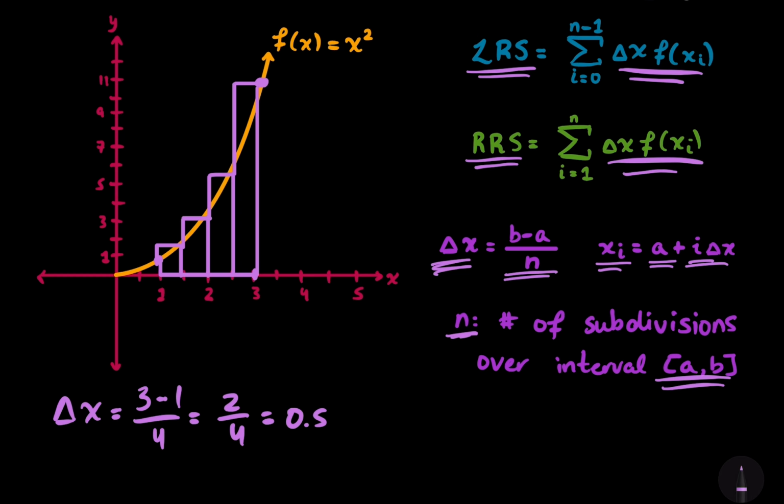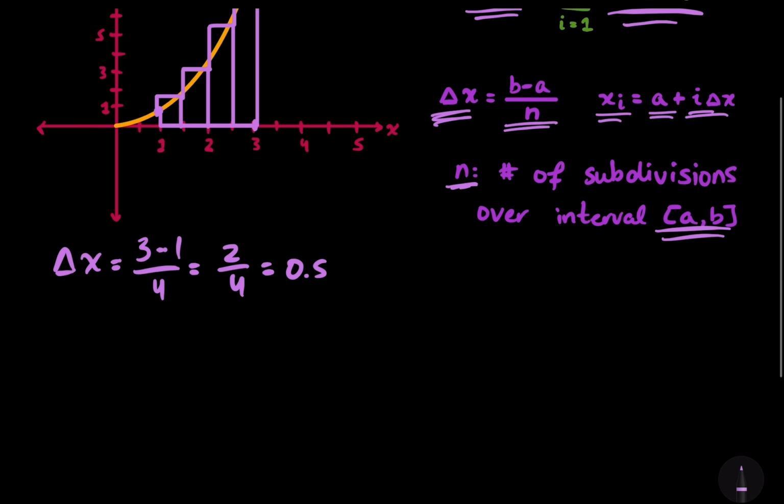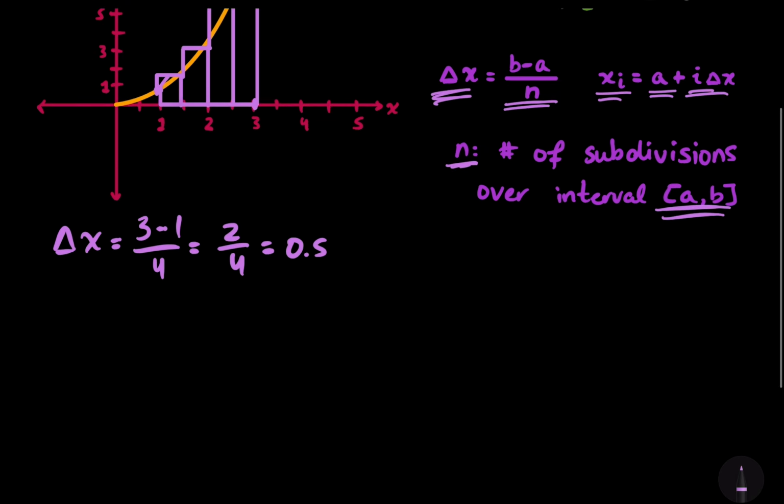So basically, we're starting off at x equals 1, and each time we're adding 0.5. We're adding our delta x to our x value right over there. So for example, for our first subdivision right over here, let's say that this area is A1. Essentially, the area of A1 is going to be the base length, which is delta x, which is 0.5, and we're going to multiply that by the height.